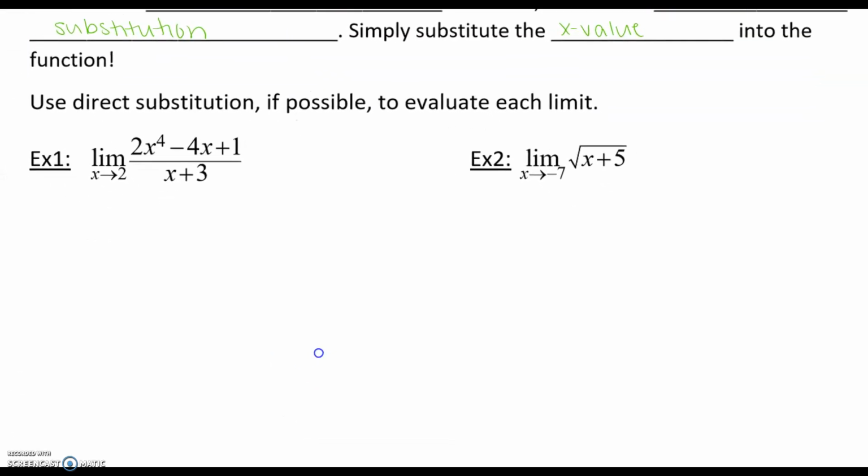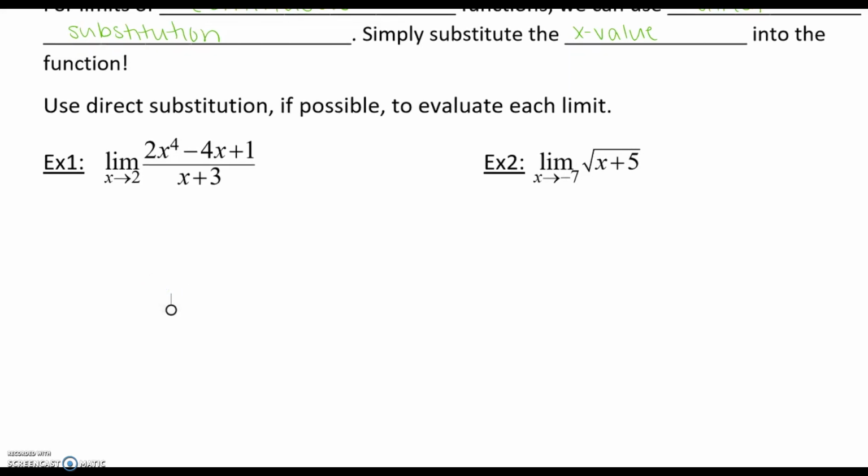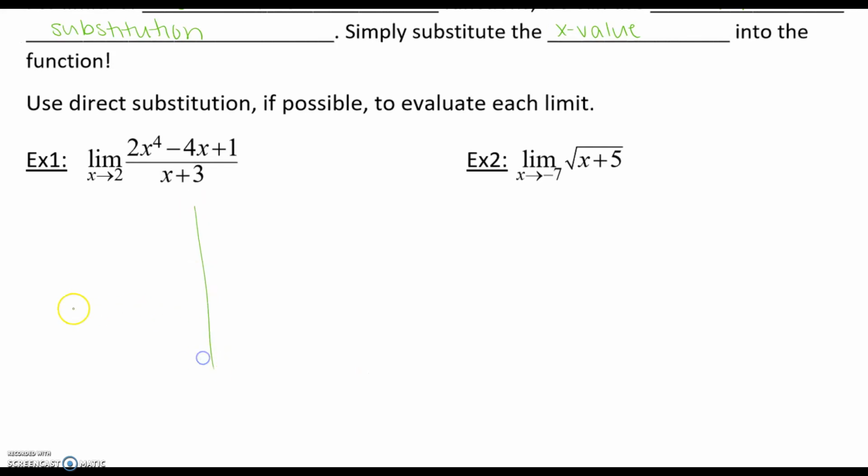So use direct substitution if possible to evaluate each limit. Now that should make sense, right? A continuous function, like a quadratic, for example. This isn't a quadratic, but for a quadratic, there's not going to be any discontinuity. So it makes sense that the limit is going to actually be whatever the function is.